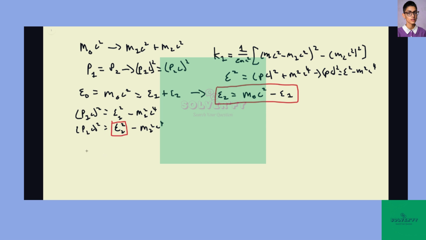So E2 squared is going to be equal to (M0 C squared minus E1) squared, which is going to be equal to P2 squared C squared plus M2 squared C to the fourth. So that's E2 squared, which is also equal to this. I will go ahead and put this in red.